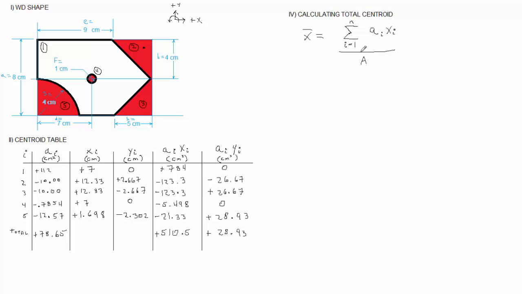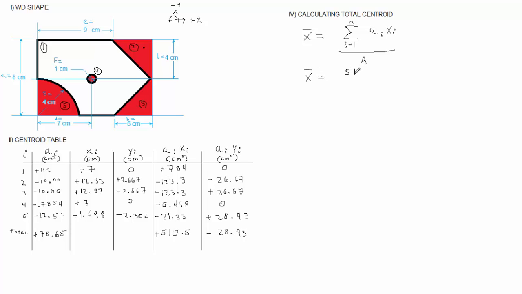It's really not. This capital A is just the total area of the entire shape with all the positive and negative areas added up. This sum of Ai xi from i equals 1 to n would be A1 x1 plus A2 x2 plus A3 x3 plus A4 x4 plus A5 x5, which is all of those values added up. So we actually already have both of those numbers. When you do the table like this, it makes this equation very easy.